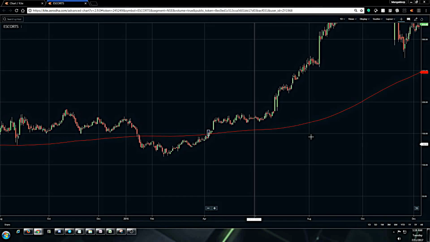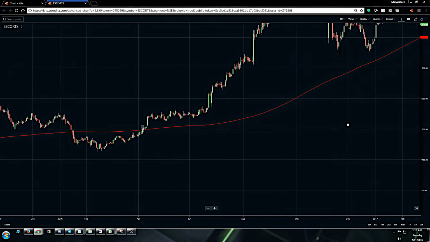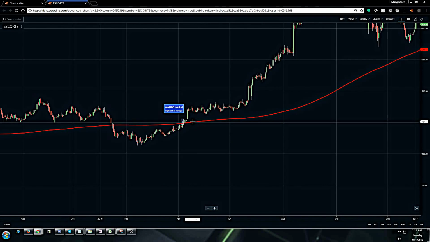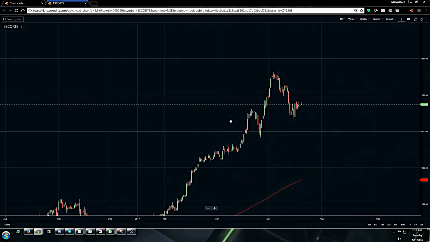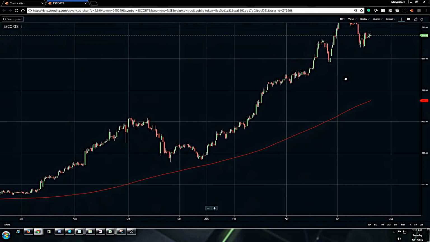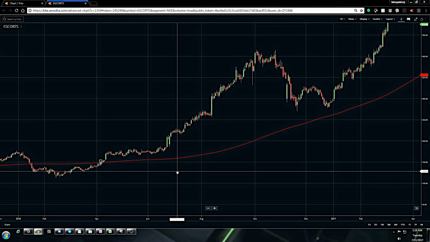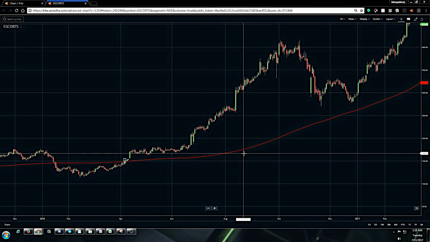So from 4th of June 2016 till date, it has moved from 150 rupees to 680 rupees. This is the kind of movement we are talking about in positional trading, guys, just with the help of the 200 simple moving average.